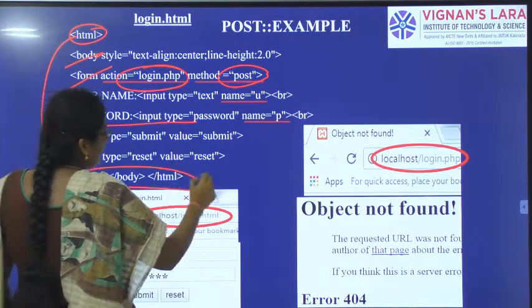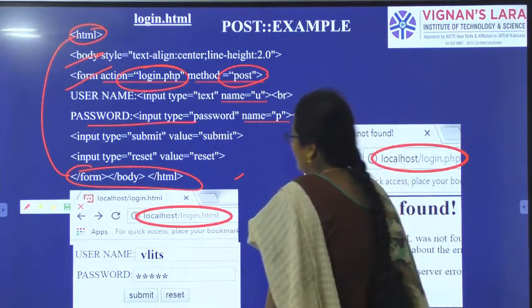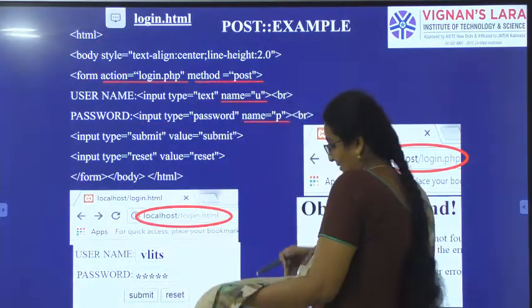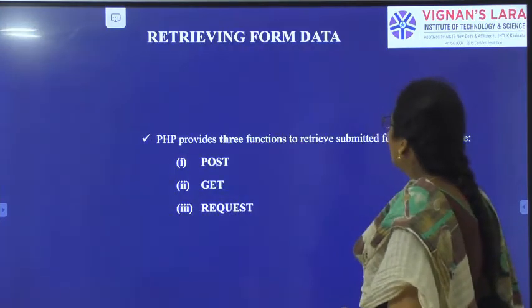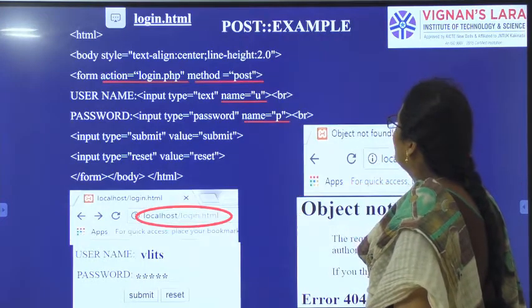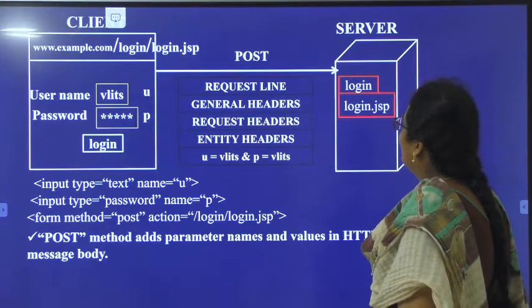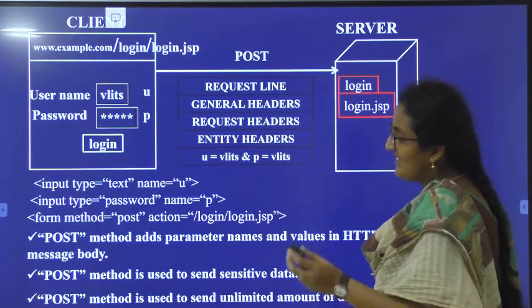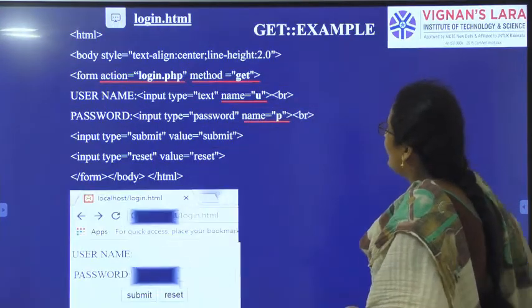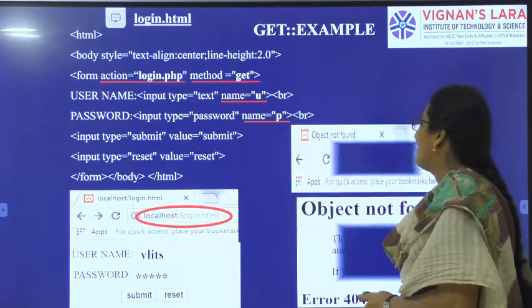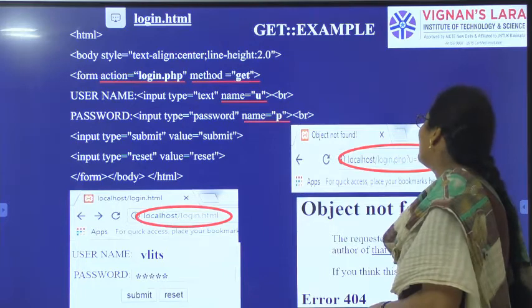So after executing this, we will get some object not found error using the post method also. So now let us see what is the solution for this. The disadvantages in the get method are overcome by the post method. In the post method also we have some disadvantages. So this is how we submit the data to the database.